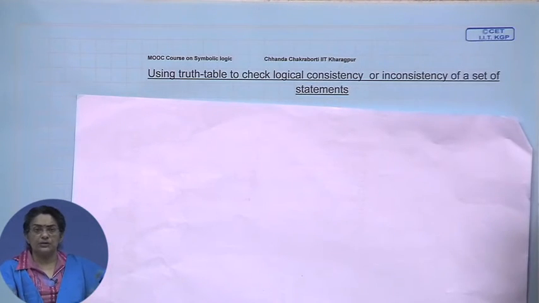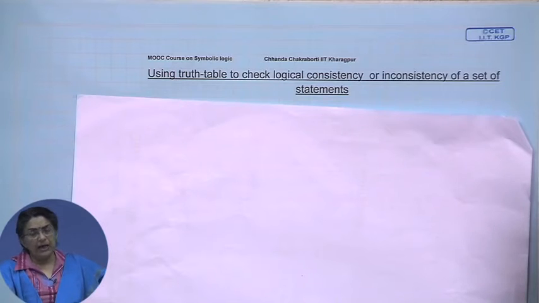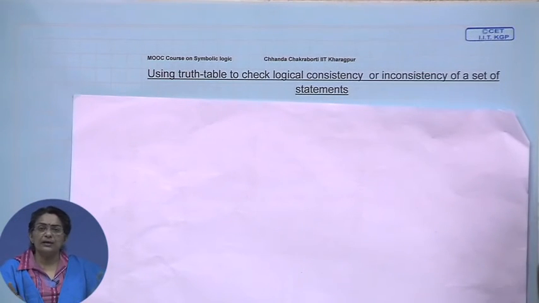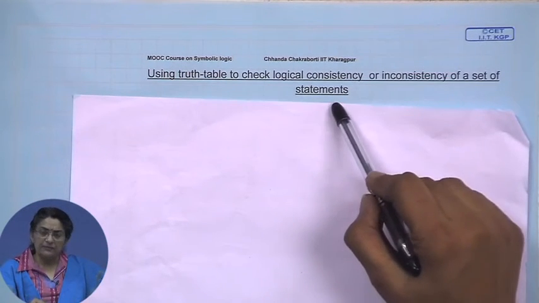Consistency or inconsistency, on the other hand, is a property of a set of statements. A set of statements may have only two statements, or it can have more than two. But the idea to understand is that the property of consistency or inconsistency belongs to a set of statements and not to individual statements, and it does not belong to an argument.